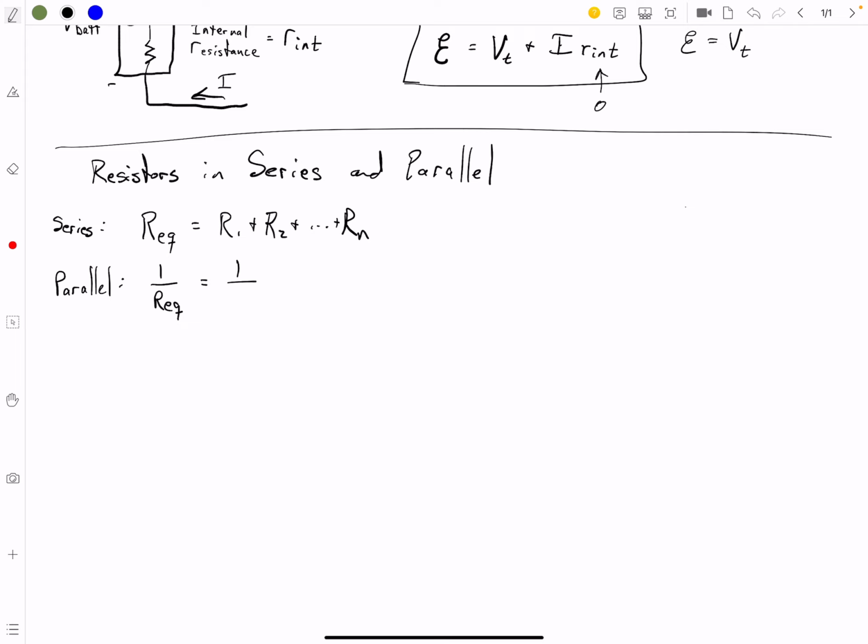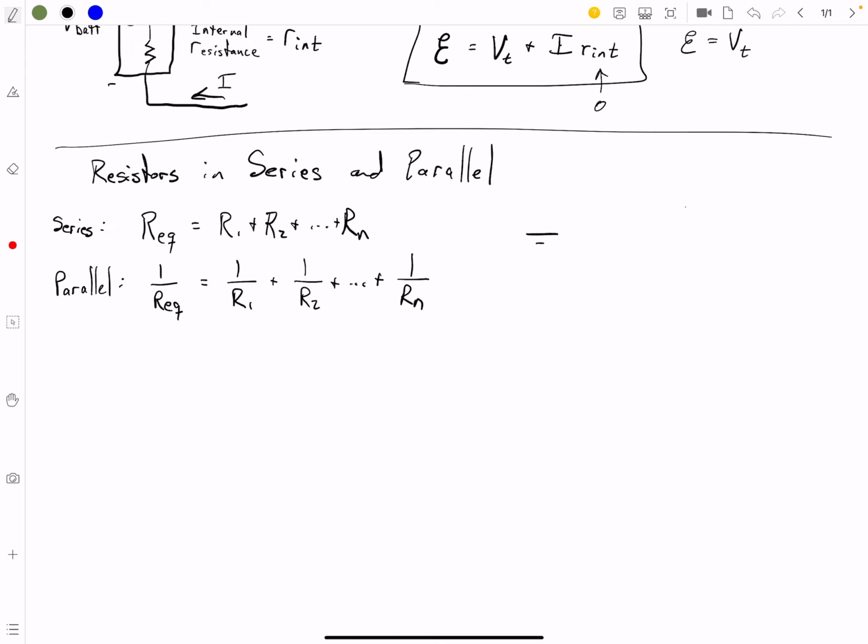So parallel. Well, now we're going to do what we would do in series for capacitors instead of the other way around. And that's when we have N resistors in series and in parallel. Then you guys know the drill to figure out.